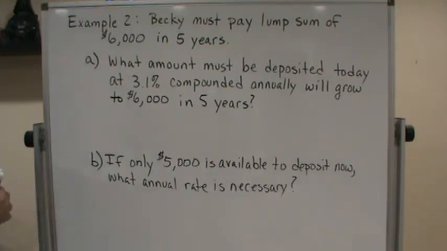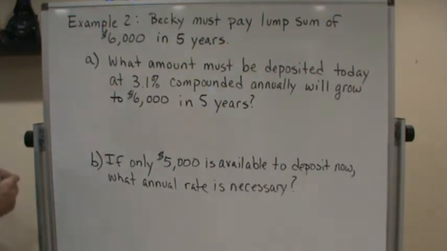Okay, so now it says, what amount must be deposited today at a 3.1% interest rate, compounded annually, will grow to $6,000 in 5 years.